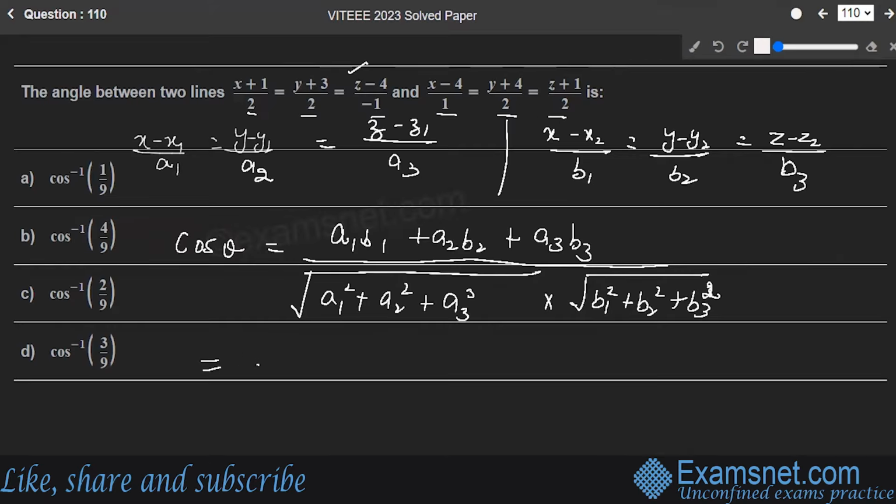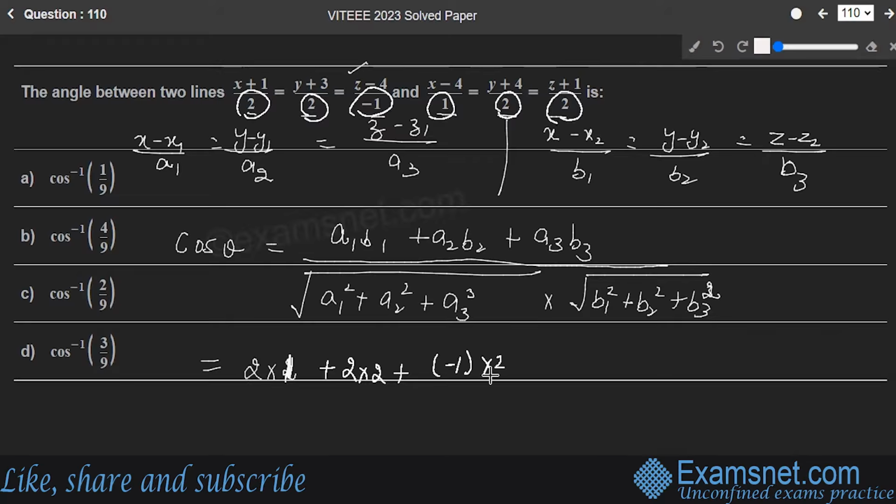So you will have 2 into 1, that is a1 b1, plus 2 into 2, plus minus 1 into 2, whole divided by root of a1 square.